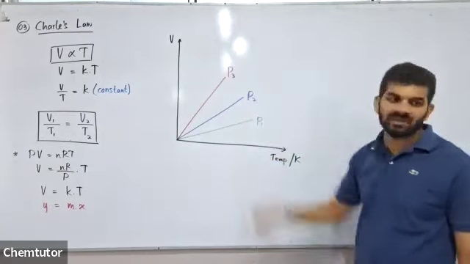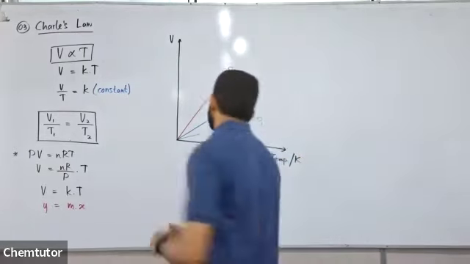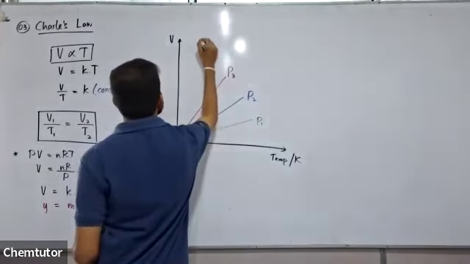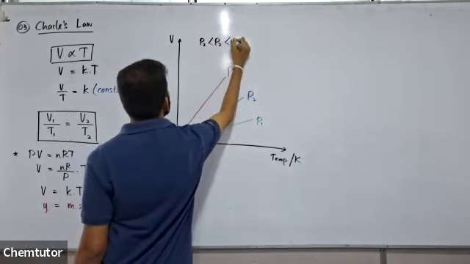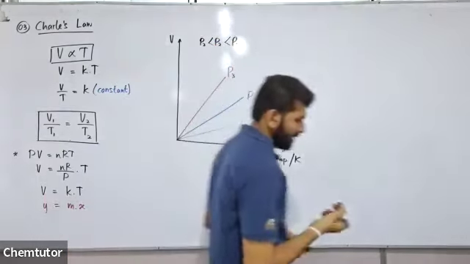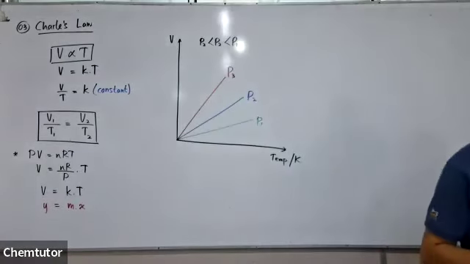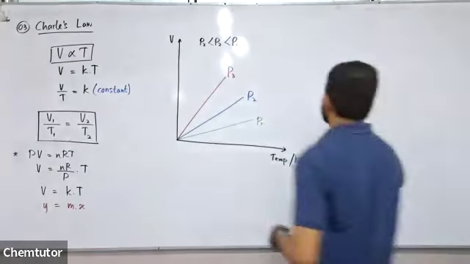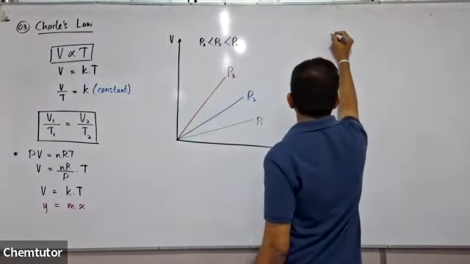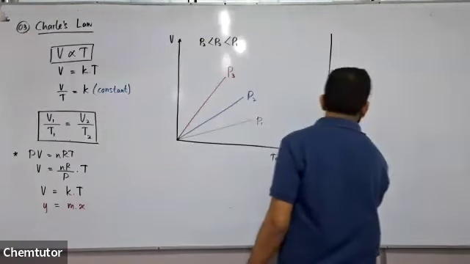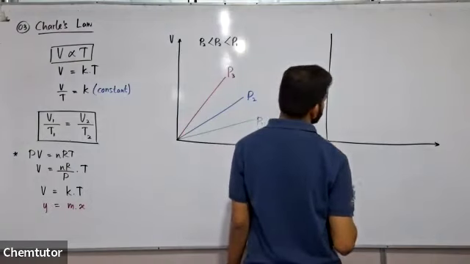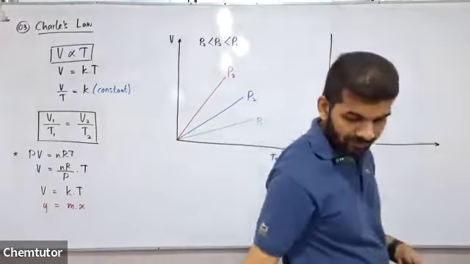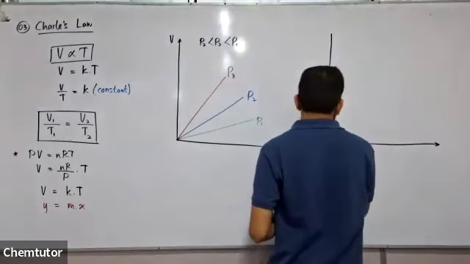Then P2, and P3 is the lowest. P3, P2, and P1 likewise. Okay. So that is once we use the Kelvin scale. If we use the Celsius scale, here you see the Celsius scale, it's like this.